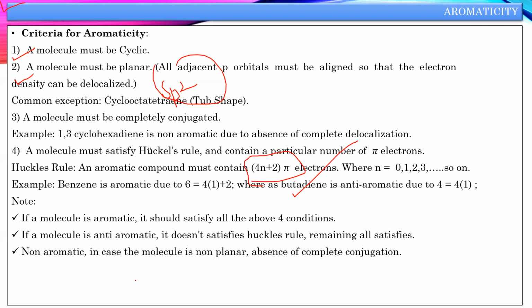If it is non-aromatic, any of the conditions fails, like it's non-planar or not completely conjugated. For a compound to be aromatic, all 4 conditions are satisfied. For anti-aromatic, except Huckel's rule, the remaining are satisfied. For non-aromatic, if any of the above conditions is not satisfied, then it can be termed non-aromatic.